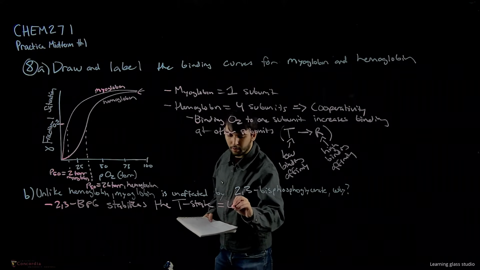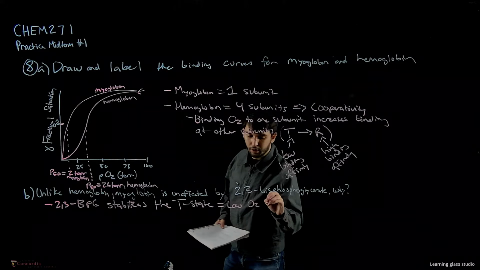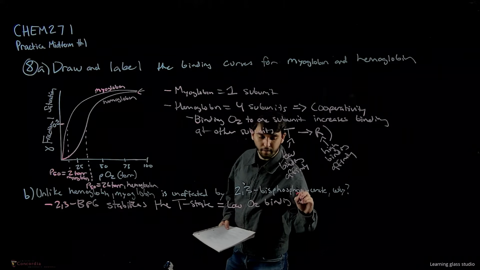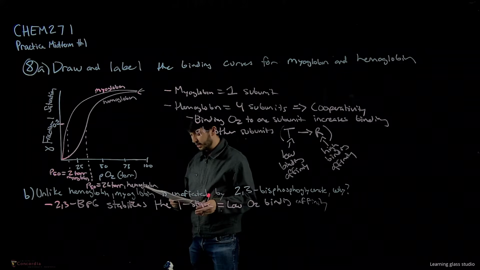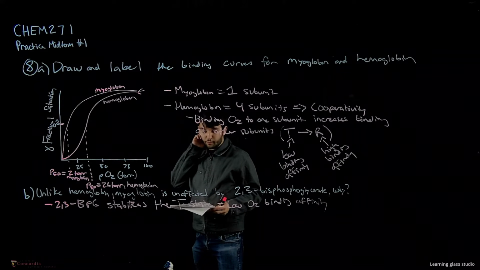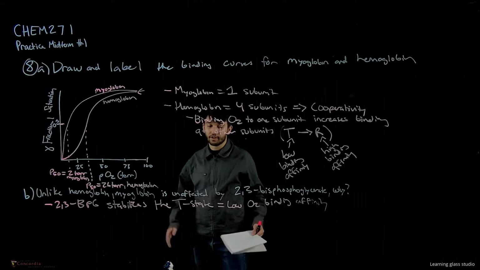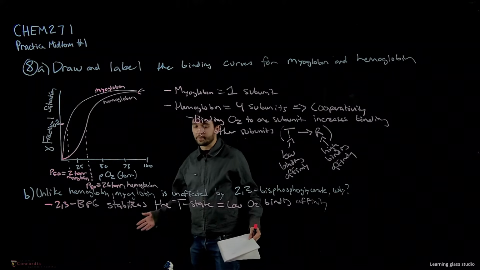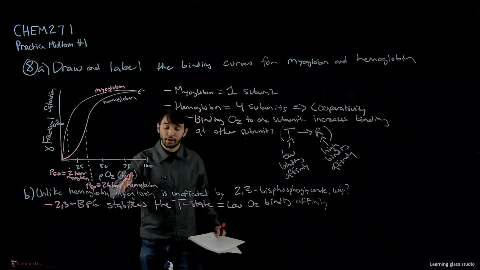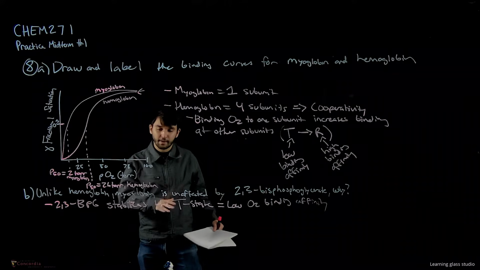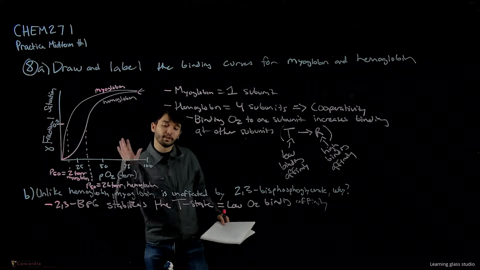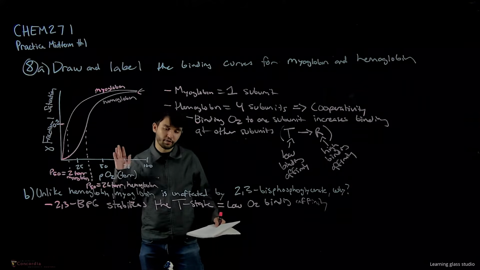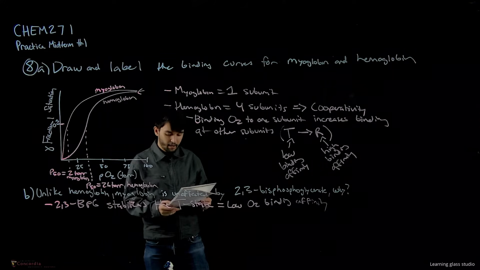So low O2 binding affinity at the T state. So this is stabilizing the T state. So this is going to facilitate the release of oxygen to the cells. And this is because the 2,3-bisphosphoglycerate binding to the hemoglobin reduces the affinity of oxygen binding, meaning oxygen will be released from hemoglobin. So oxygen will be delivered to cells.